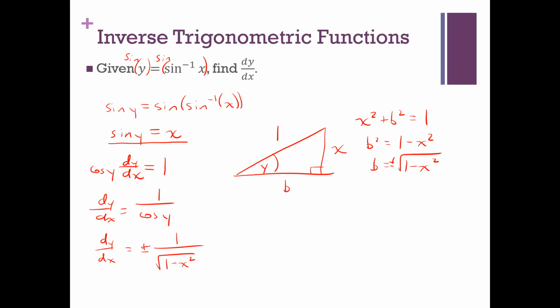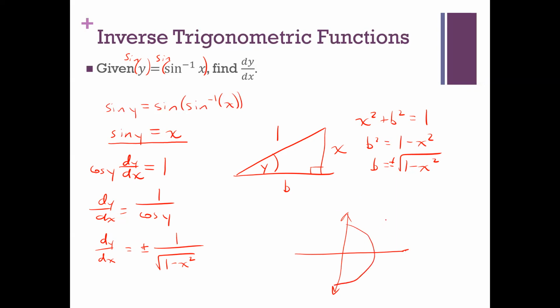Even that plus or minus, though, we don't like. Now think about this. If I'm looking at sine, what quadrants do I care about? Not 1 and 2, 1 and 4. What can you say about cosine in those 2 quadrants? So I'm just going to draw half the unit circle.